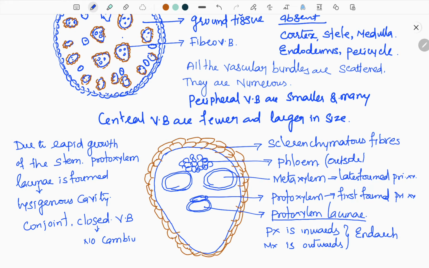The embryonic meristem is called cambium, and that is absent in the monocot stem. Why is cambium absent in the monocot stem? Because the monocot stem does not show secondary growth. So when there is no cambium, there is no secondary growth. When there is no cambium, it is a closed type of vascular bundle, right? So, a conjoined closed vascular bundle with endarch xylem.